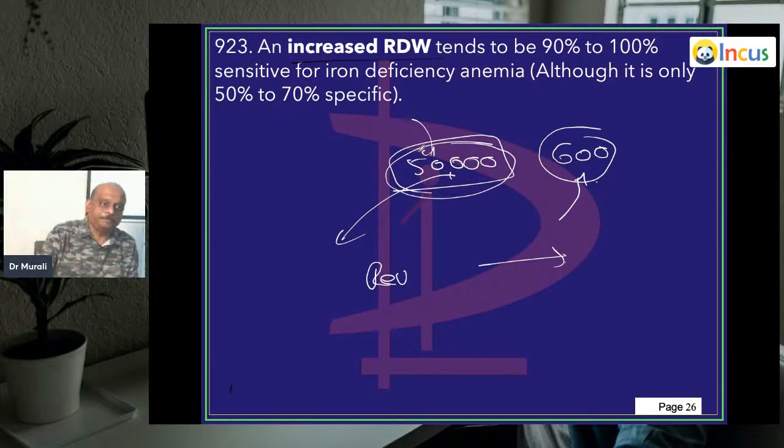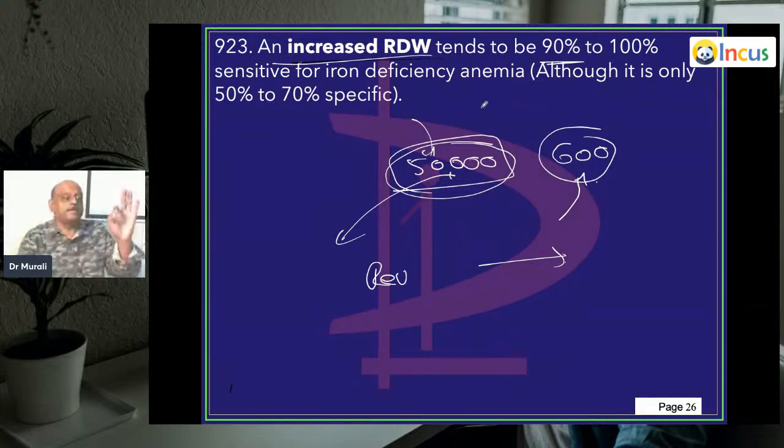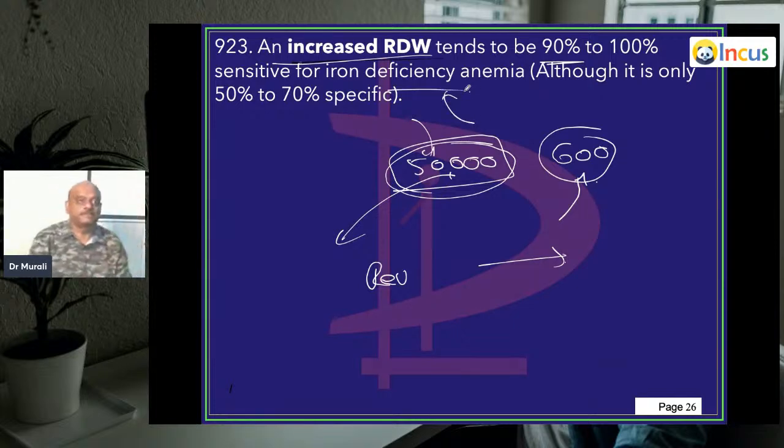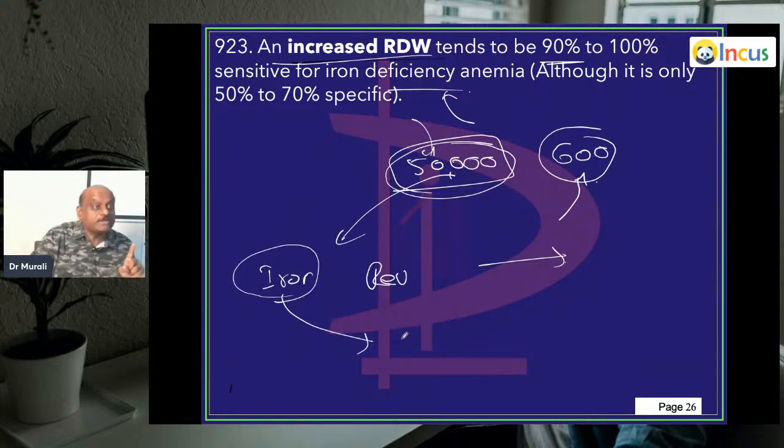So now, doctor, increased RDW tends to be a 100% sensitive feature of iron deficiency. So it is not specific. But if you are thinking iron deficiency, you have to get the RDW done, because in very early stages of iron deficiency, when nothing else is abnormal, you will start finding the anisocytosis, and that causes an increase in RDW.